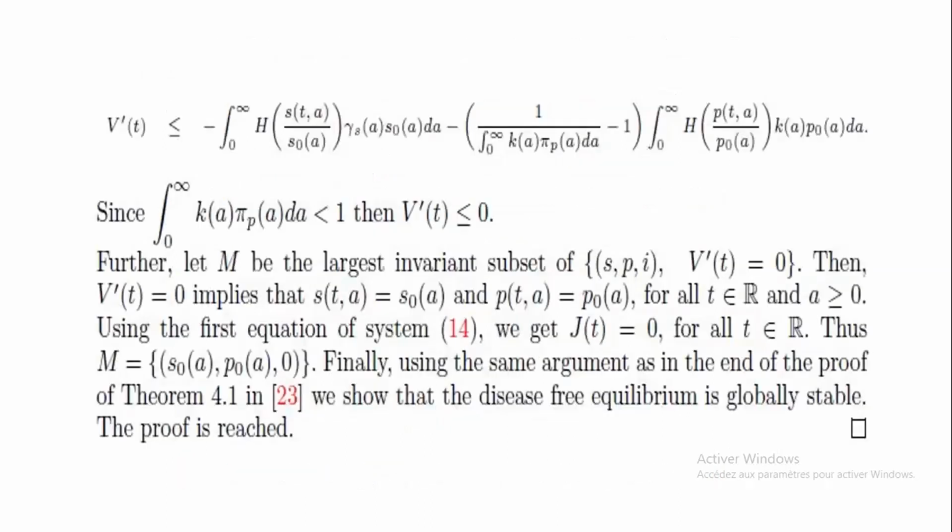Finally, we proved that V prime is non-positive, and using theorems we prove the global stability of the trivial equilibrium.